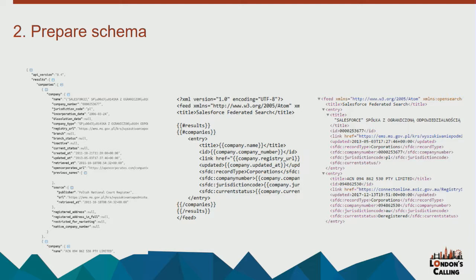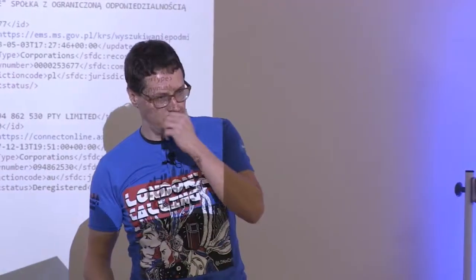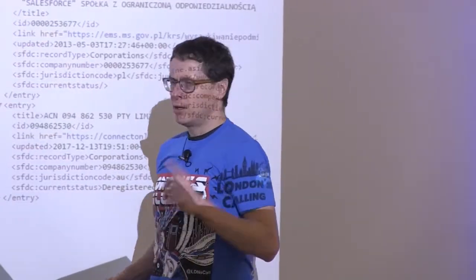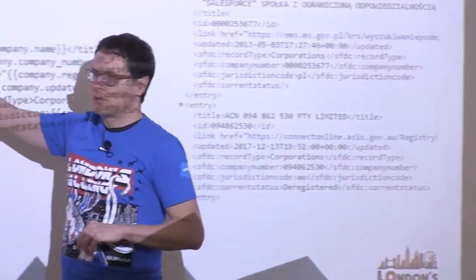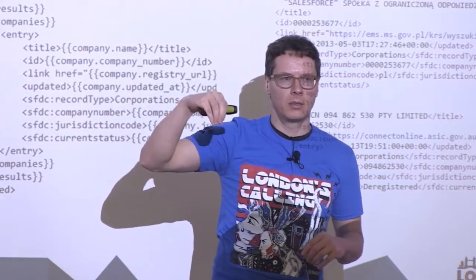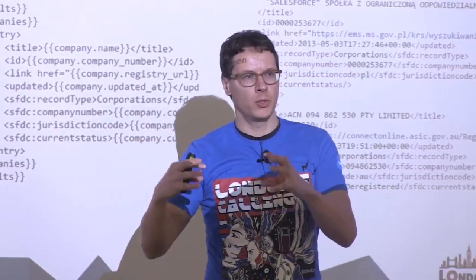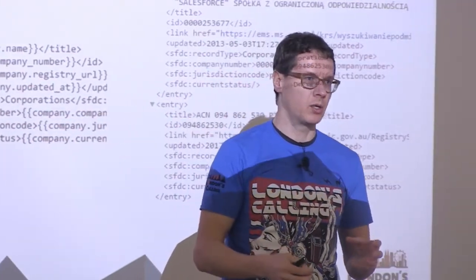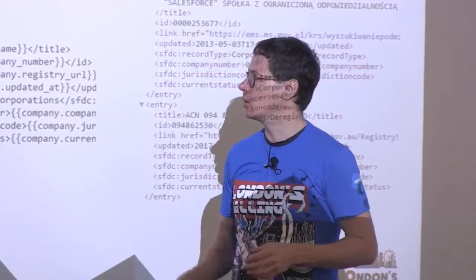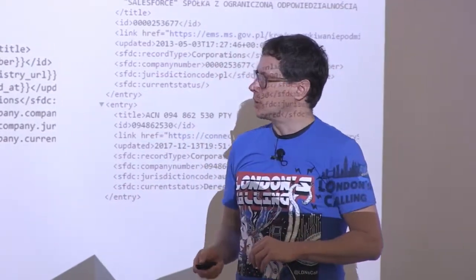So I got a company name in the title tag, and I got the company number right here. So that was super easy to use. And you can spot triple brackets, which means it will provide the value not HTML encoded, but right as it got from the JSON.